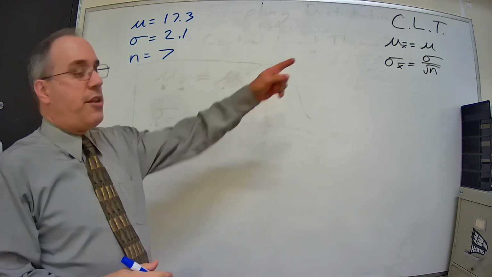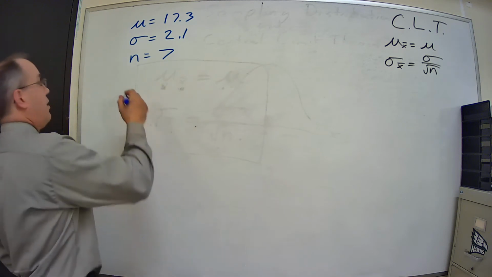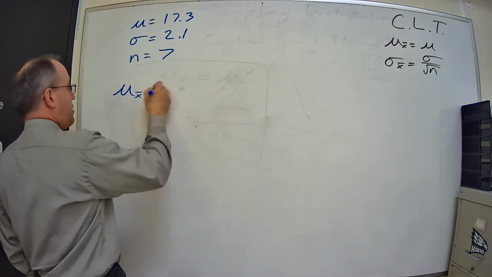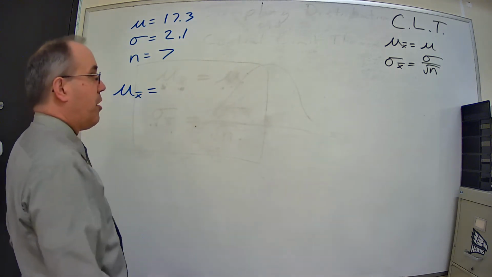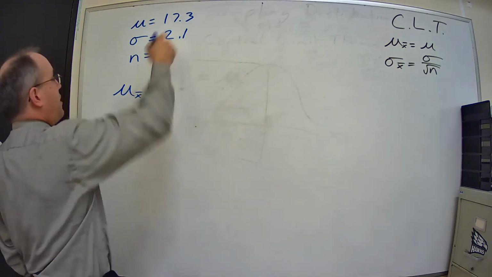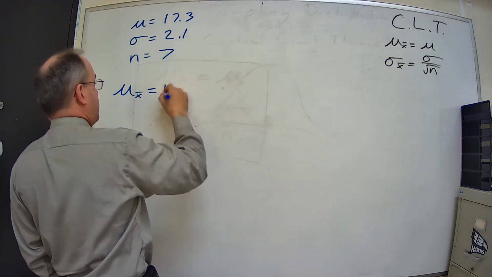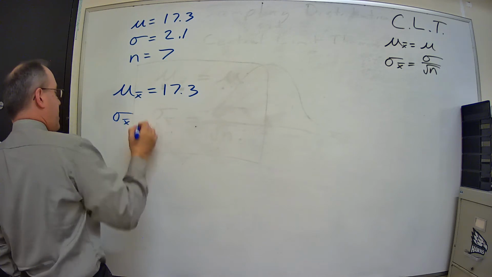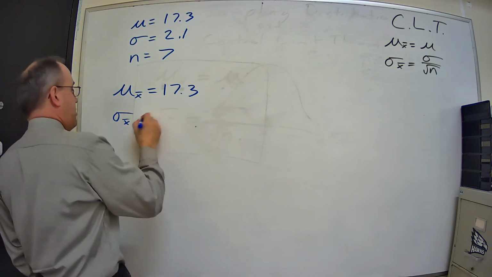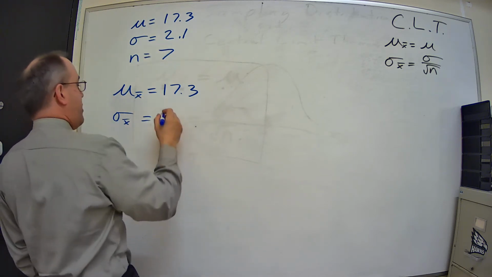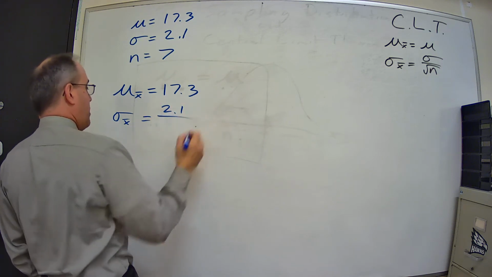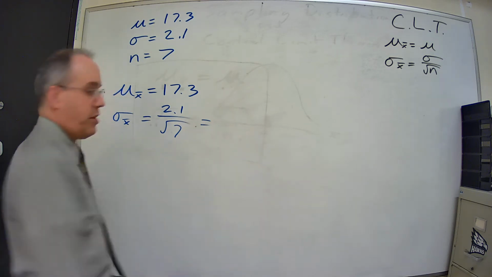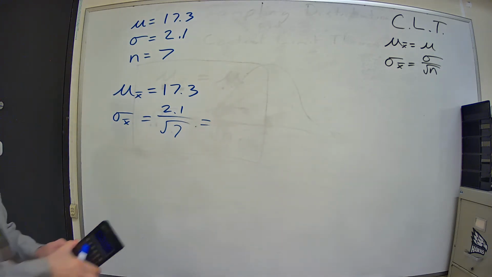Now, using the central limit theorem, I can say that the population mean of the sample means is equal to the population mean, 17.3, and that the population standard deviation of the sample means is equal to the population standard deviation, 2.1, divided by the square root of n, the square root of 7, and quickly grab my calculator to do that.